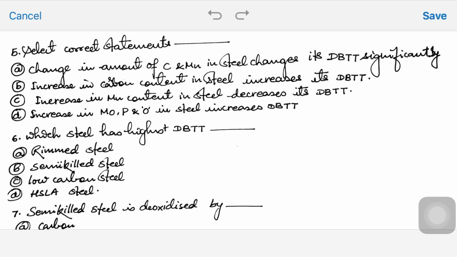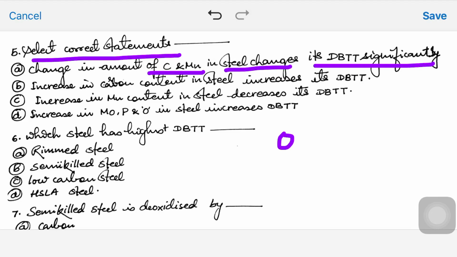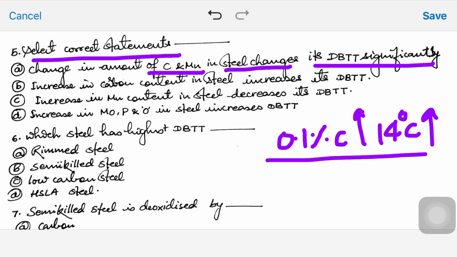Next, select the correct statement. Okay, the first is change in amount of carbon and manganese in a steel changes its DBTT significantly. That is true. If you increase 0.1% carbon, the DBTT increases by 14 degrees centigrade. So you can see there is a huge increment in the DBTT when we increase even a minute amount of carbon.